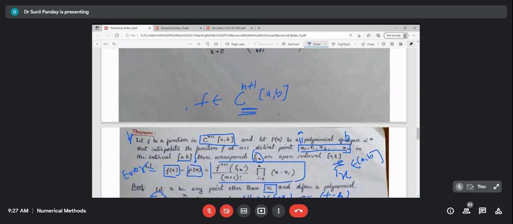This set is a collection of functions which are n plus 1 times continuously differentiable, meaning f is differentiable, f dash is differentiable, f triple dash is also continuous, and so on up to the n plus 1 th derivative being continuous. So it represents the set of continuously differentiable functions over this interval AB.